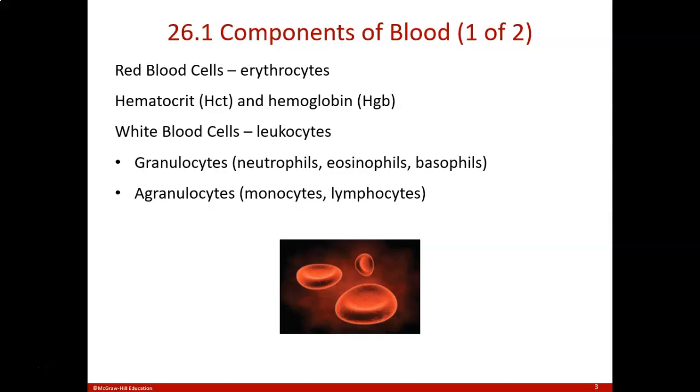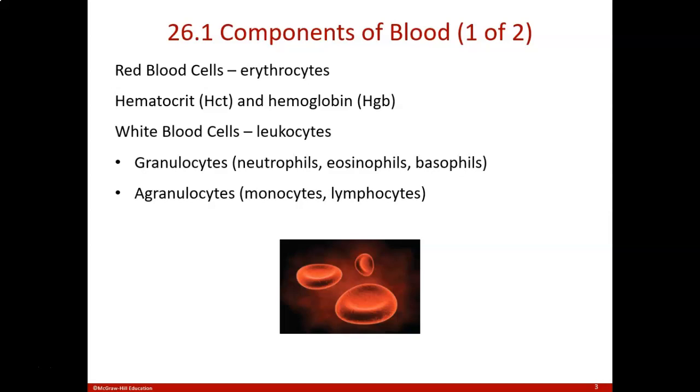The monocytes will particularly rise in response to viral infections, and mononucleosis is one of the infections where monocytes are primarily high and sustained for a long period of time, because that particular viral infection sometimes takes a couple of weeks to get through.